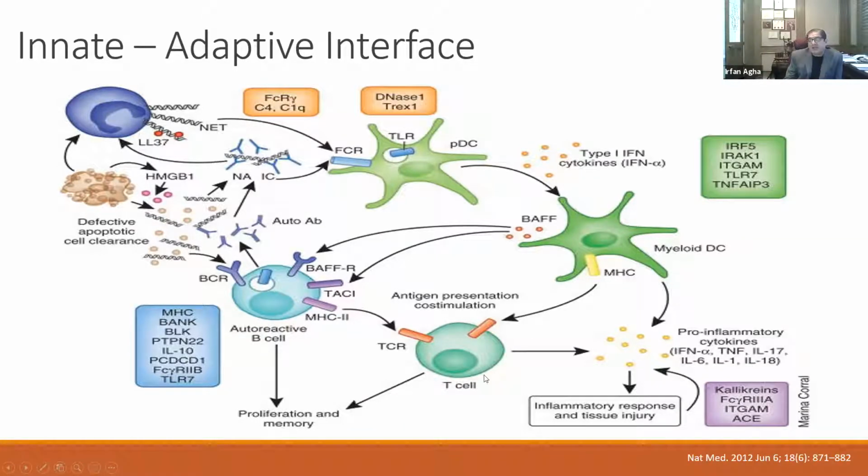There is T cell and B cell crosstalk, and you then start getting B cell proliferation. In green here are all the genetic problems that lead to an aberrant response from the plasmacytoid dendritic cell. In the blue here, all the genetic problems that happen in the adaptive immune response. So there are multiple problems at multiple places that eventually lead to precipitation of a lupus crisis.